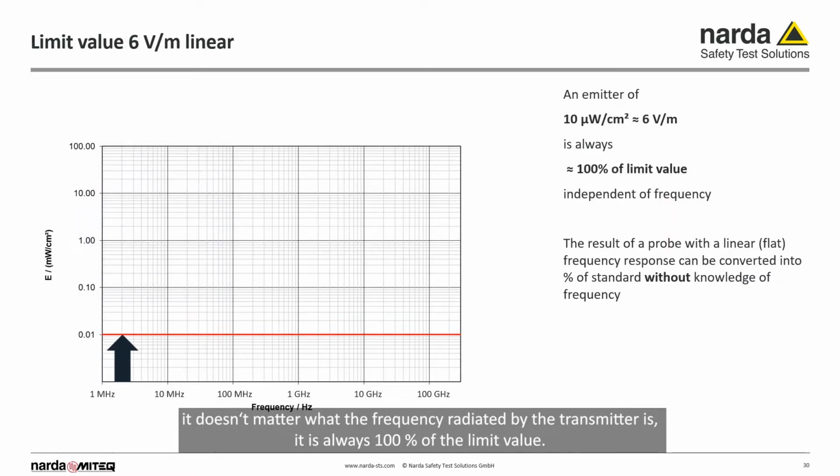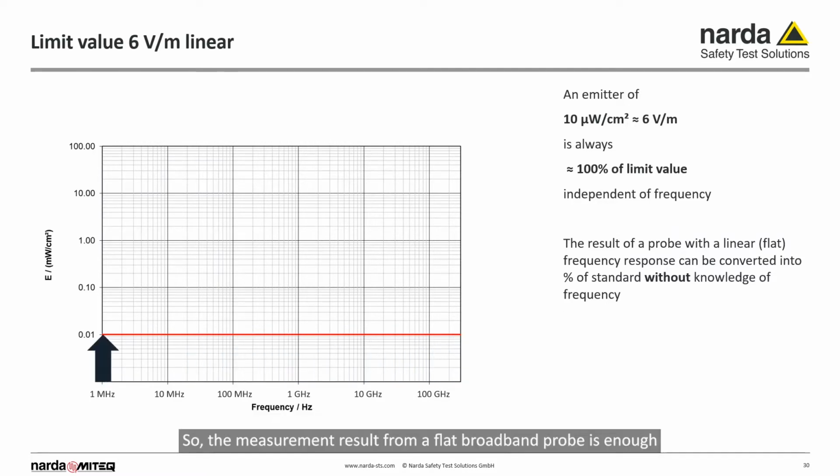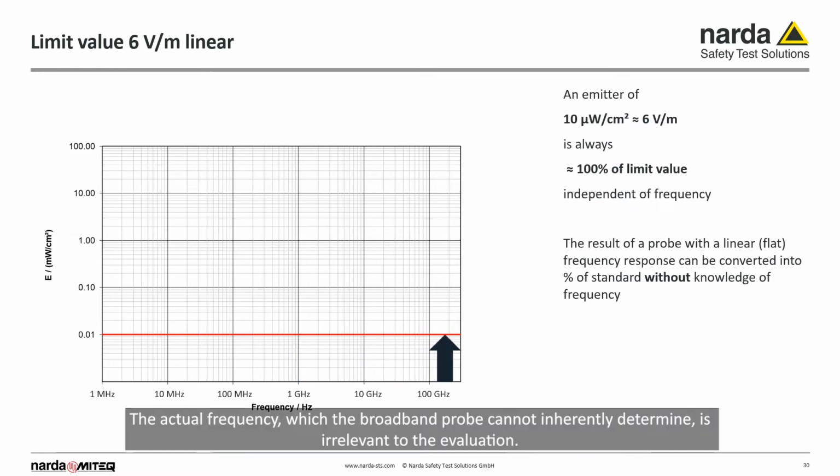It's always 100% of the limit value. So the measurement result from a flat broadband probe is enough to be able to convert the result into a percentage of the limit value. The actual frequency, which the broadband probe cannot inherently determine, is irrelevant to the evaluation.